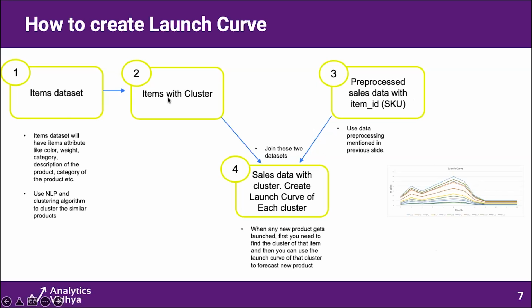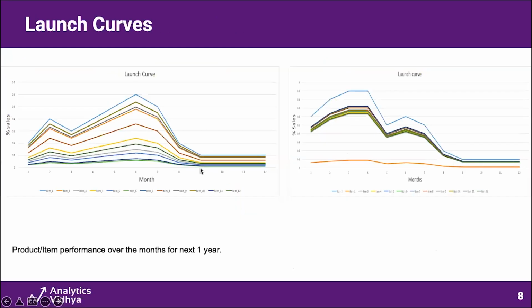The main piece is: first cluster this particular data set, then perform pre-processing, then join the data set, and then for each cluster when you plot it, you will get a launch curve. And now coming to the launch curve, how it looks like, right? So the one I'm talking about. Yeah, so relative sales you can see on the y-axis, and month is nothing but the numbers from the launch month.